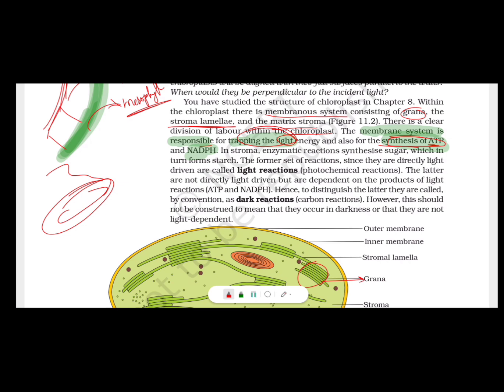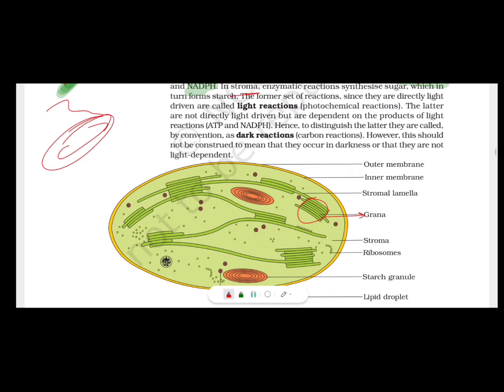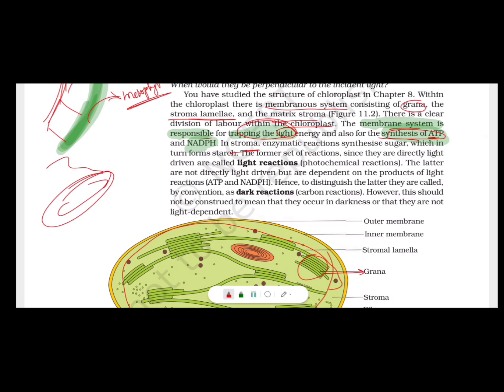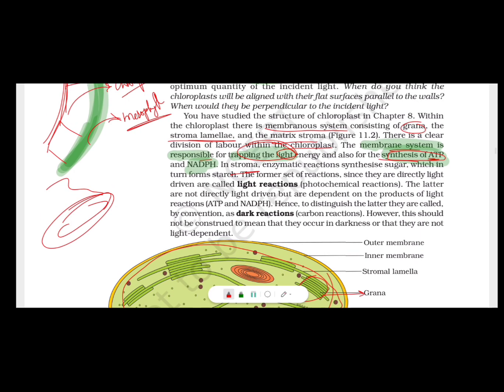In stroma, enzymatic reactions synthesize sugar. What is stroma actually? This green part, outer side of grana, but the inner side of the chloroplast, is known as the stroma. In stroma, enzymatic reactions occur. Where do the enzymatic reactions occur?